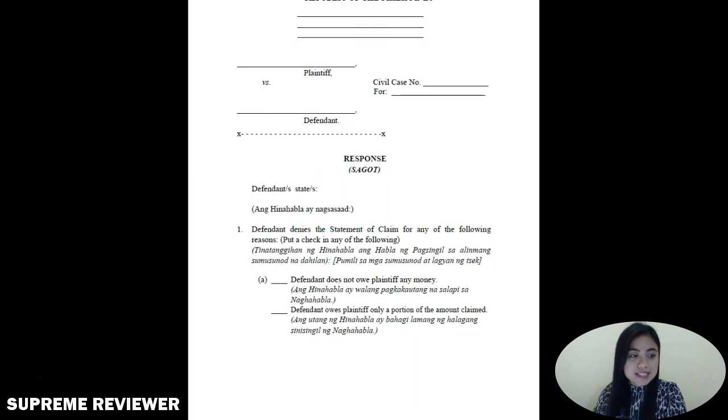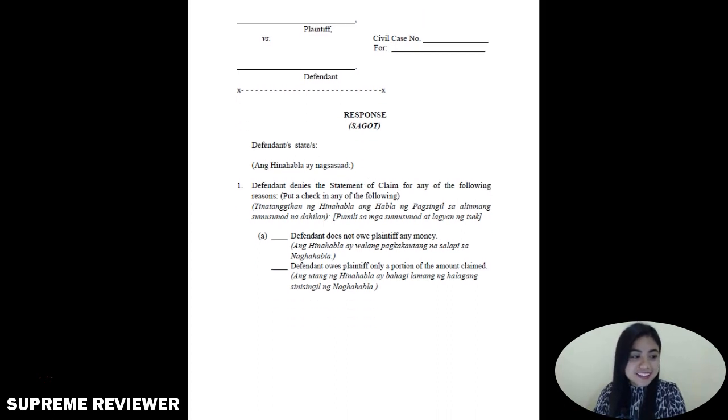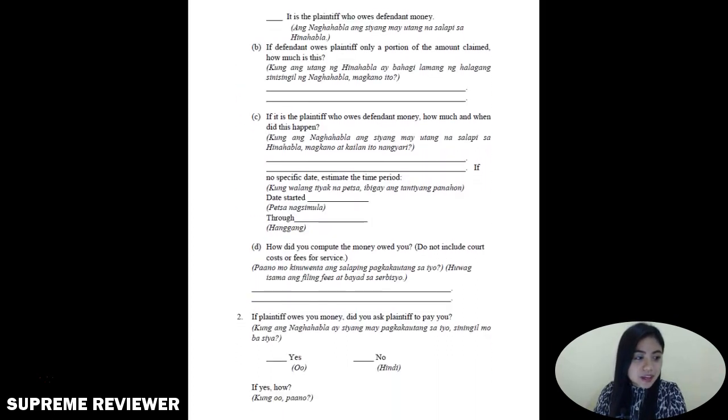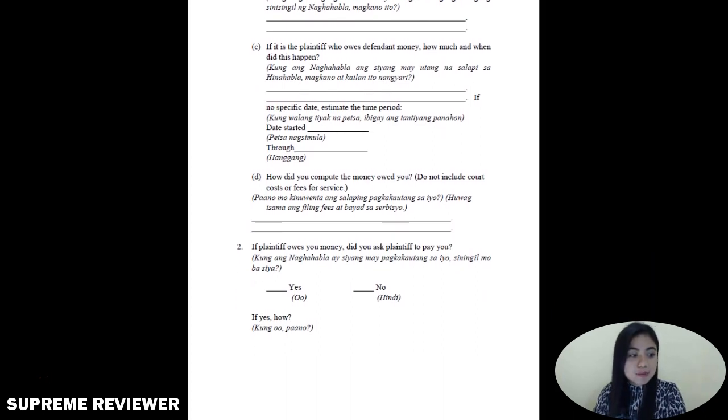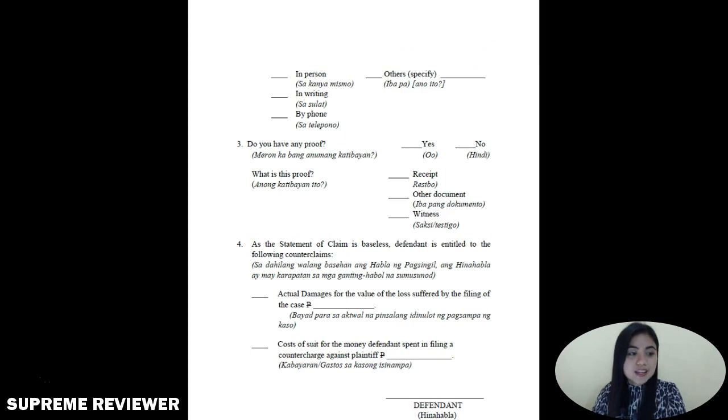So here it says response or sagot. Defendant states, number 1, defendant denies the statement of claim for any of the following reasons. Okay, you can put a check in any of the following. Okay, there are different options there. All right, and then number 2, if plaintiff owes you money, did you ask plaintiff to pay you? Yes or no. Number 3, do you have any proof?